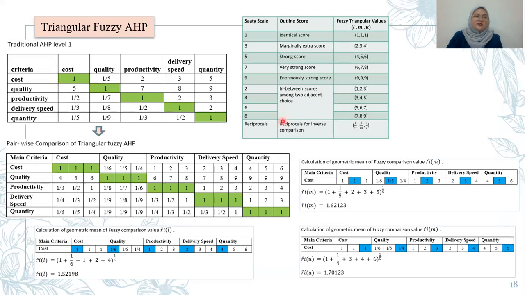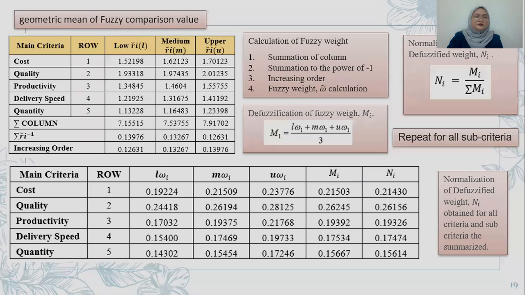For the triangular fuzzy AHP, from the comparison of AHP, I convert to the triangular fuzzy AHP using the fuzzy triangular value, and then calculate the geometric means of user comparison value for L, M, and U. Then I do the summation of fuzzy comparison value. Then I calculate the fuzzy weight by summation of column to the power of -1, and fuzzy weight.